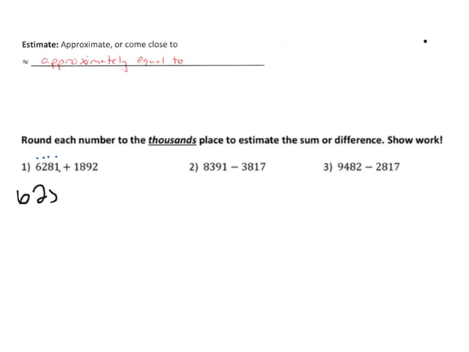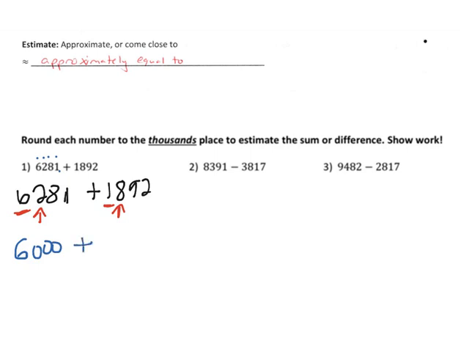6,281 plus 1,892. I'm going to underline the thousands. I want to look at the next number to the right. The 2 says the 6 stays the same, so 6,281 becomes 6,000.